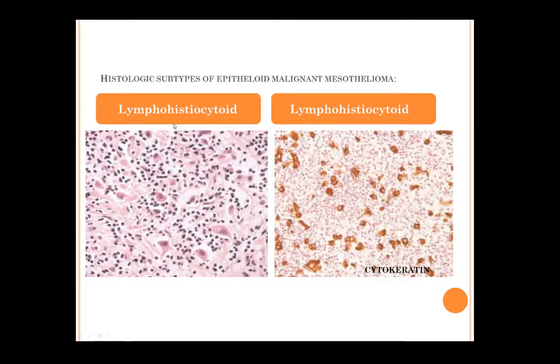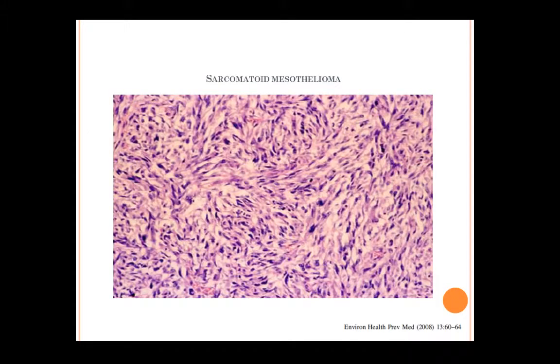The lymphohistiocytic pattern usually is composed of cohesive neoplastic cells. This picture highlights the neoplastic cells with cytokeratin stain and an intense inflammatory background, and these are in the differential diagnosis with inflammatory processes and also malignant lymphomas.